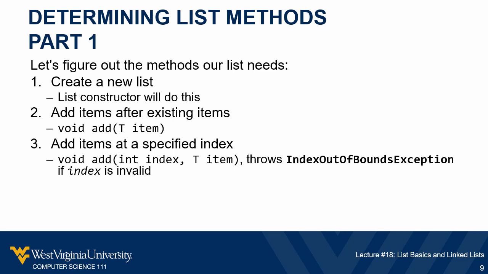Now, when we specify an index, there are some constraints on the index that we can use here with a list. The index can't be a negative number. 0 is going to be the very first element at the front of our list, so that's the lowest possible index we can specify. We also can't have any gaps in our index numbers.